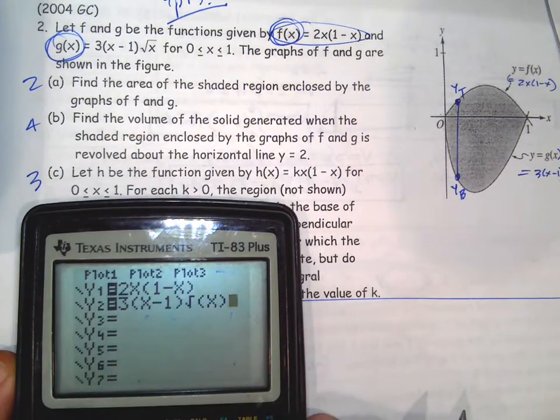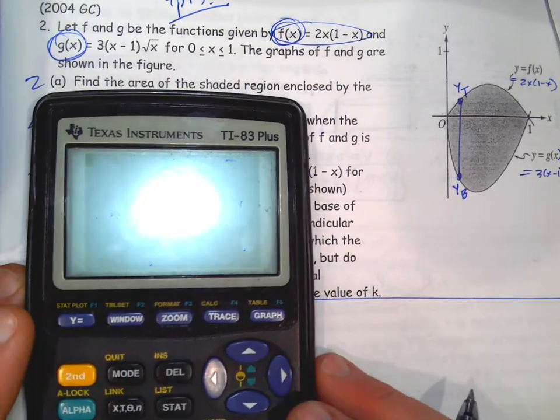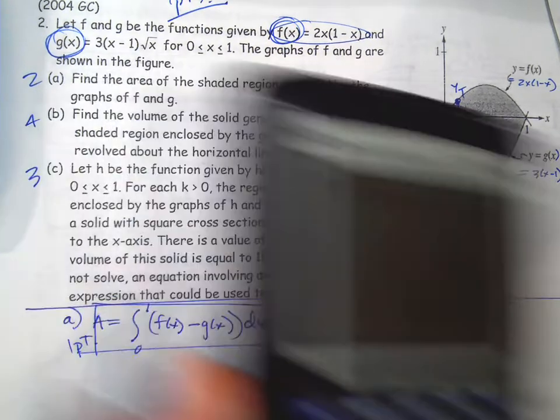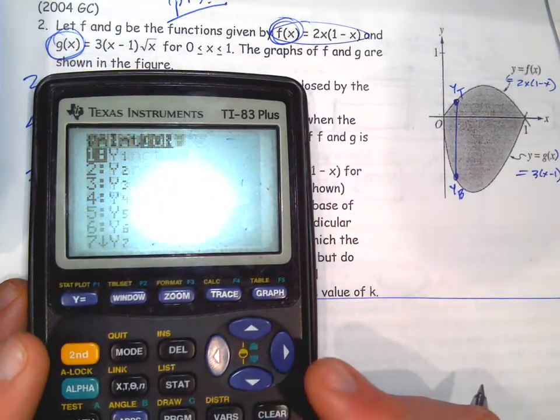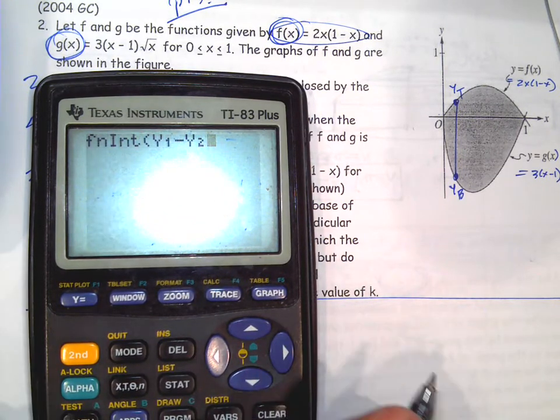So I'm just going to put them in there, and you just have to make sure you remember which one is where, because I'm going to do it from the home screen. I'm going to say math 9, and it's going to be vars, y-vars, function, y1 minus vars, y-vars, function, y2, comma x, comma 0, comma 1.